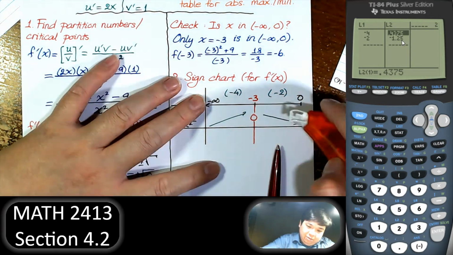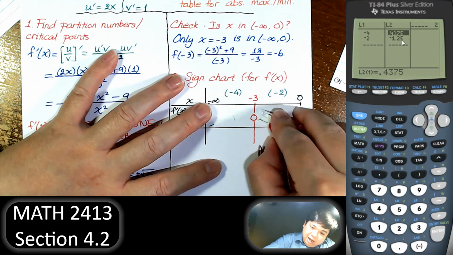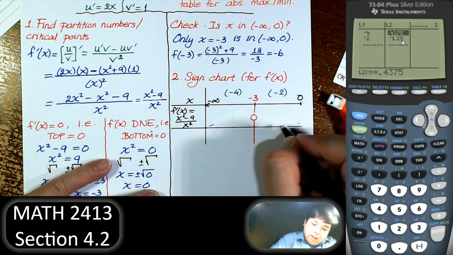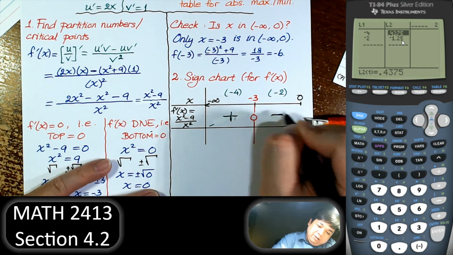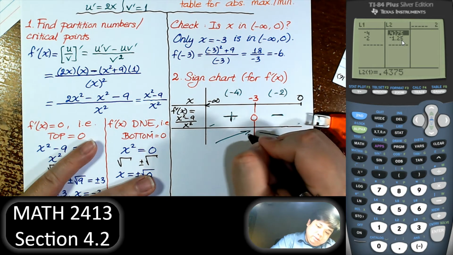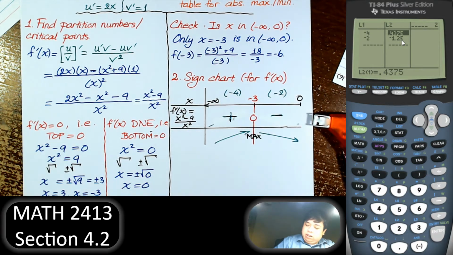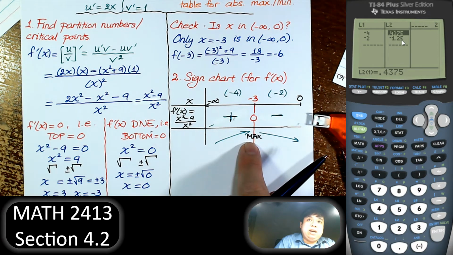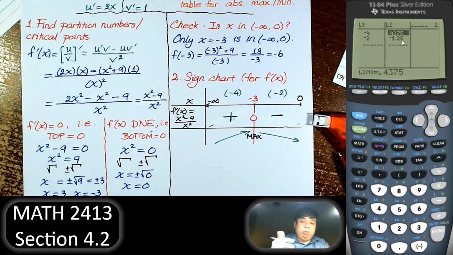Sorry, I jumped ahead of myself here. The sign chart: positive, negative, increasing, decreasing. If it goes like that, there is a maximum when x equals negative 3, and then no minimum. If it goes like this, there can only be a maximum there, and no minimum, because the function keeps going down like that. There will be no minimum.